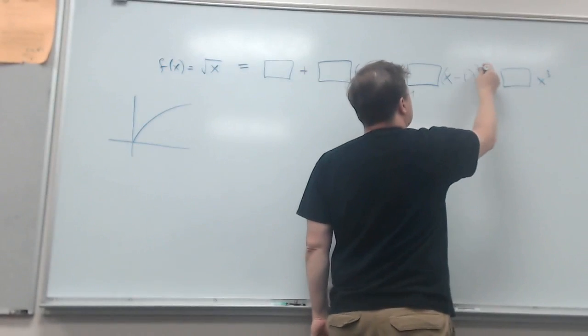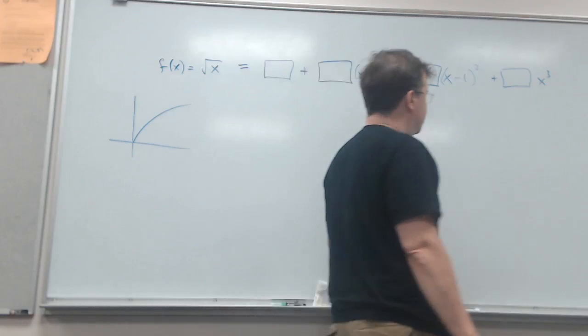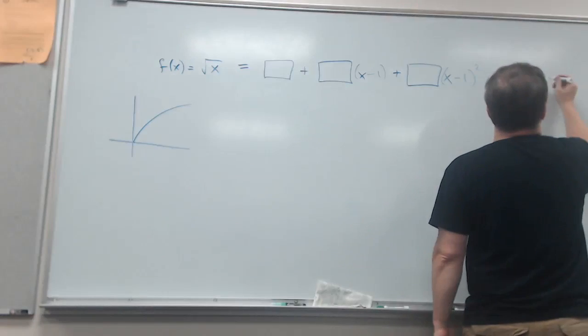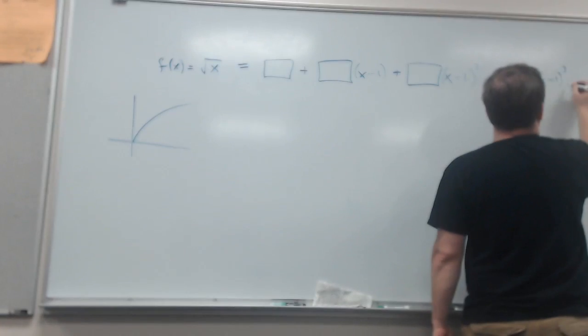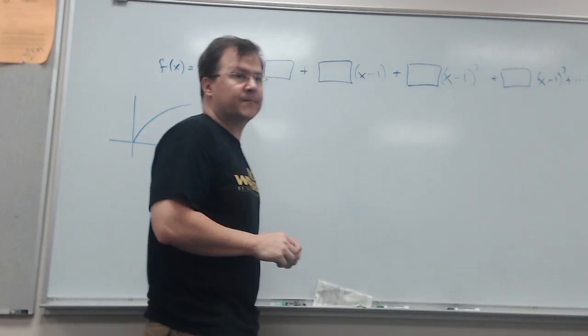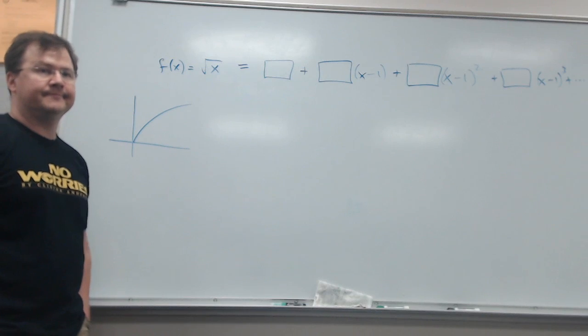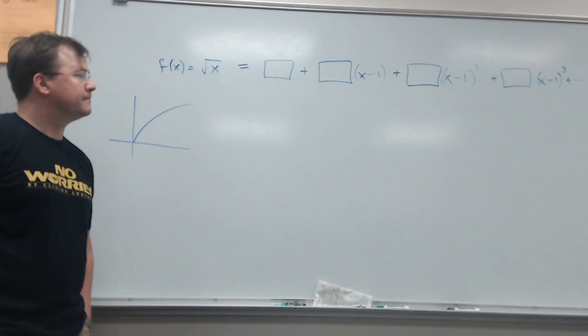And instead of an x squared right here, it's going to be x minus 1 squared. And instead of an x cubed, it'll be x minus 1 cubed. And the only reason we're saying that is because this function, without that minus 1, the radius of convergence would be 0.